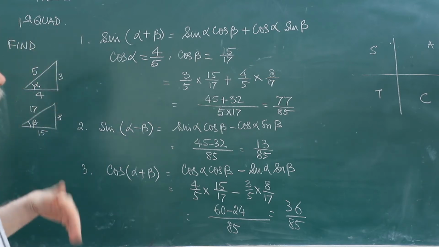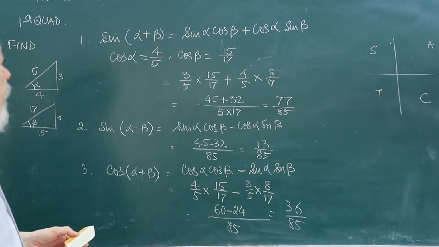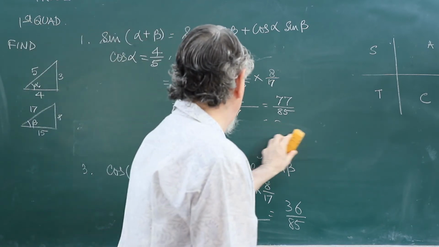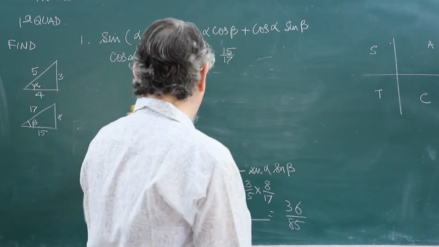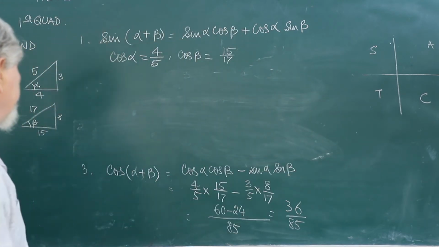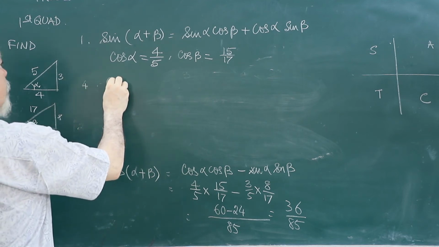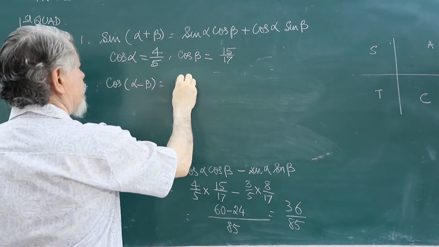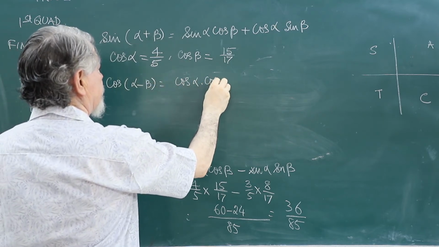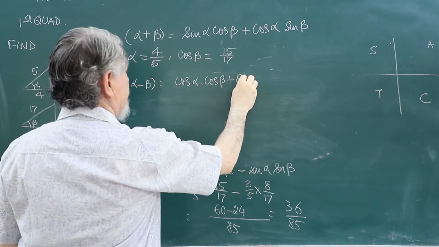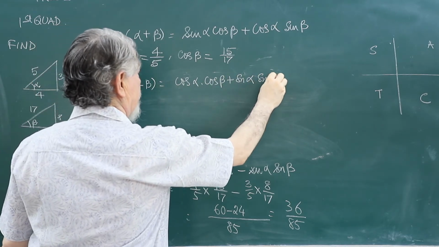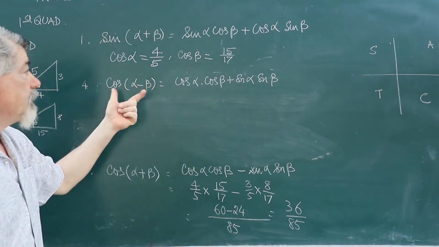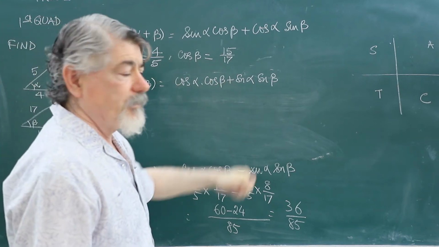Now let us see cos(alpha minus beta), the fourth one. Cos(alpha minus beta) will be cos alpha cos beta plus sin alpha sin beta. Cos A cos B plus sin A sin B: minus changes to plus, and the cos term and sin term will come.